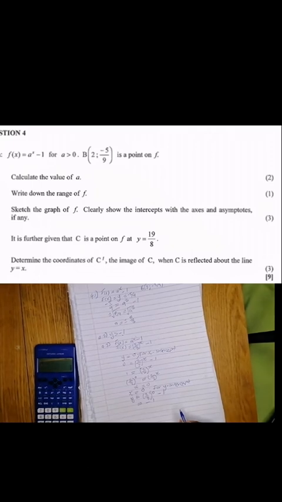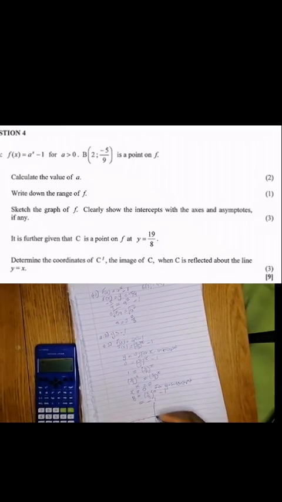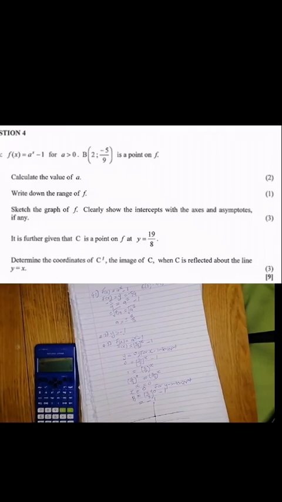So since we have negative 1 as our y, we're now going to sketch the graph, right? We know the x value is here, and for the asymptote we have y equals negative 1, which is going to pass here, right?